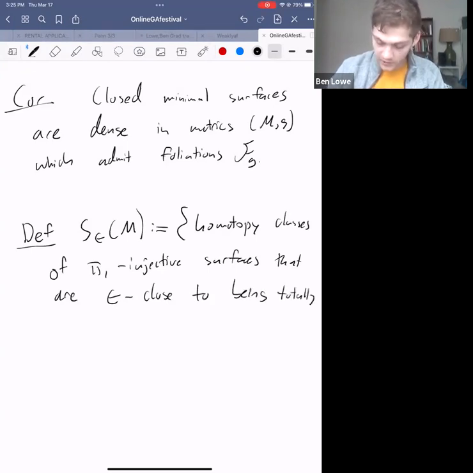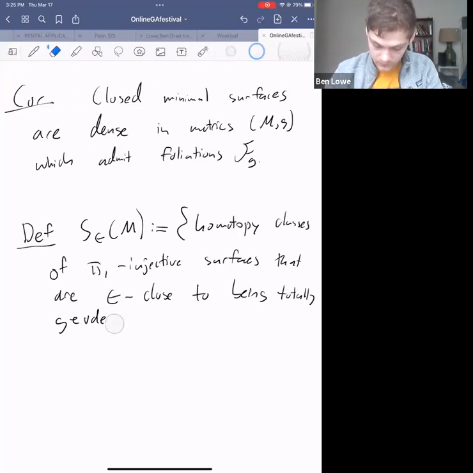It doesn't matter that much for this talk, but you can think of it as saying that they have minimal surfaces in their homotopy classes with small principal curvatures, bounded by epsilon, say.